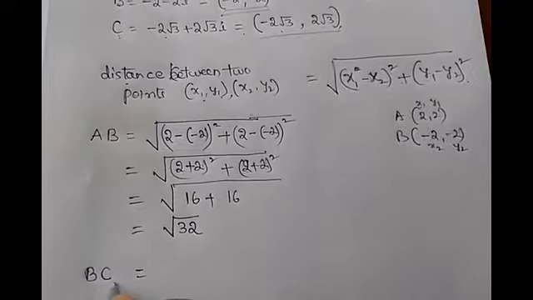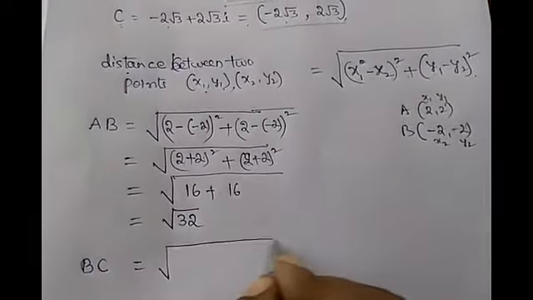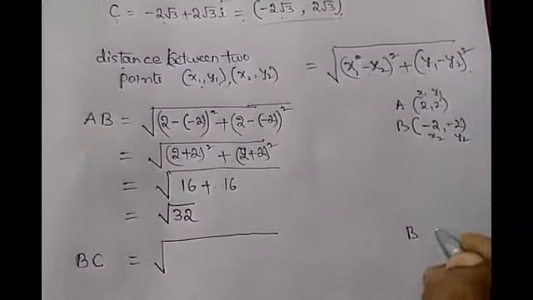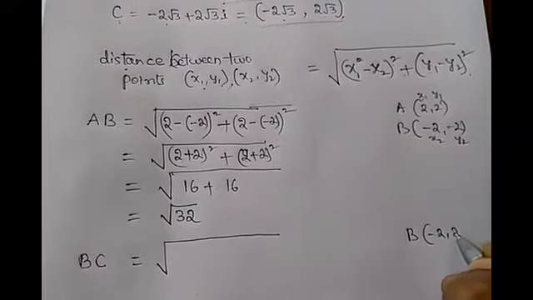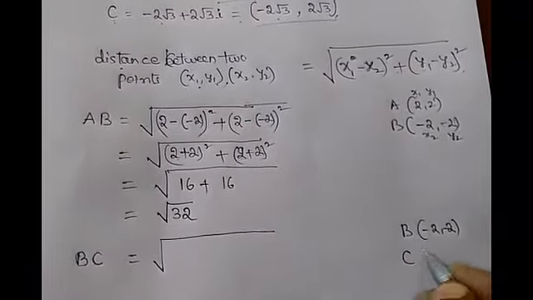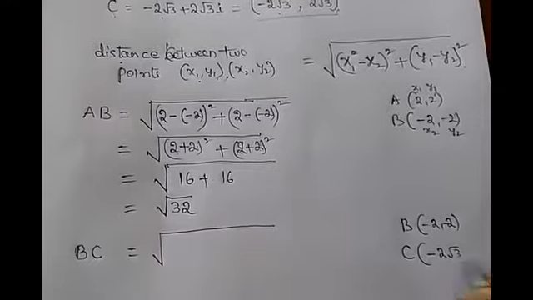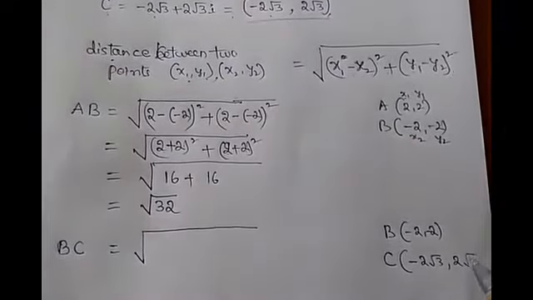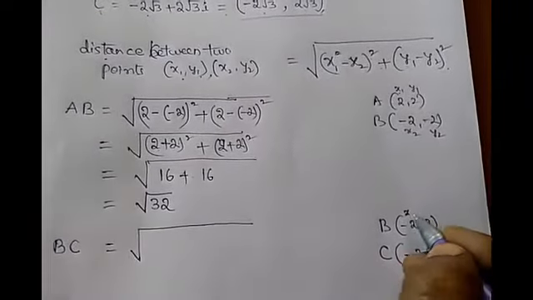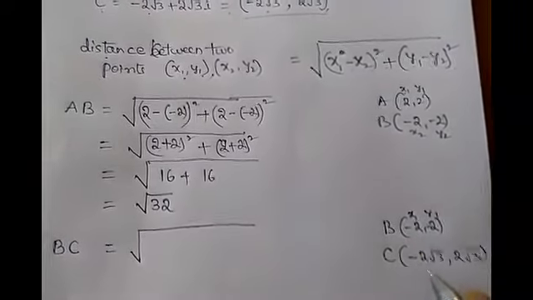Distance between two points B (-2, -2) and C (-2 root 3, 2 root 3). Denote the x1, y1 and x2, y2.